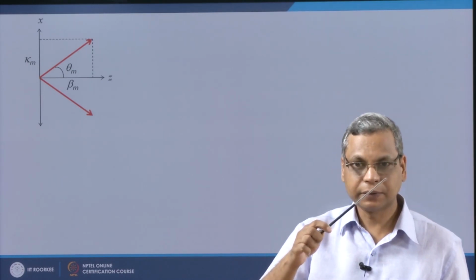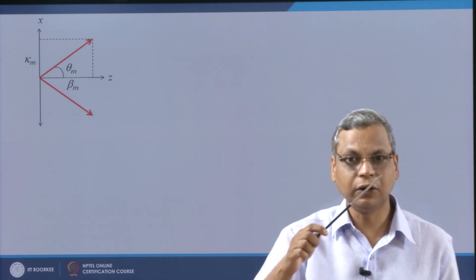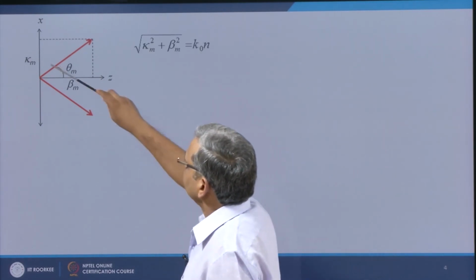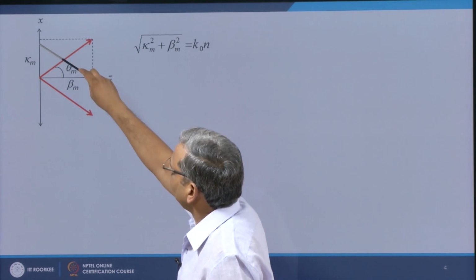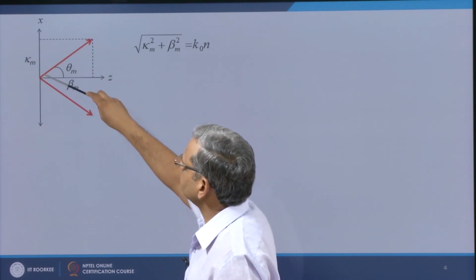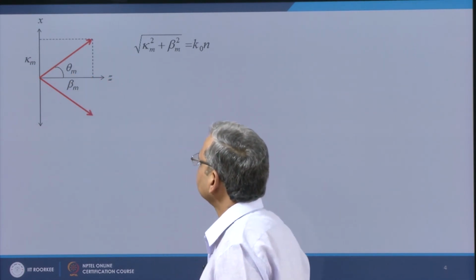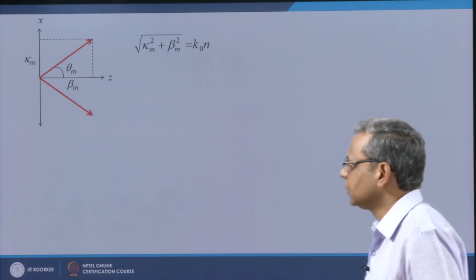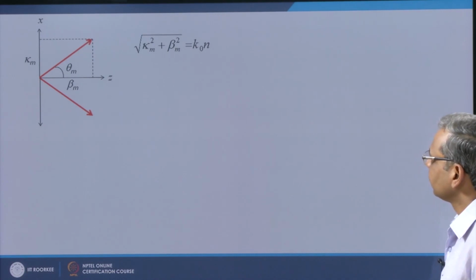These are now plane waves. Plane waves will have propagation constant k naught n. So, this is the component of propagation constant in x direction, and this is the component of propagation constant in z direction.